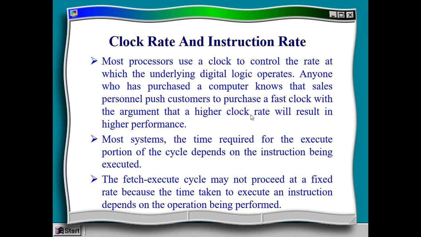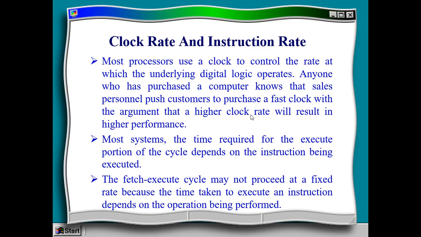Most processors use a clock to control the rate at which the underlying digital logic operates. As usual, the example I've given is that anyone who has purchased a computer knows that sales personnel push customers to purchase a fast clock with the argument that a higher clock rate results in higher performance.